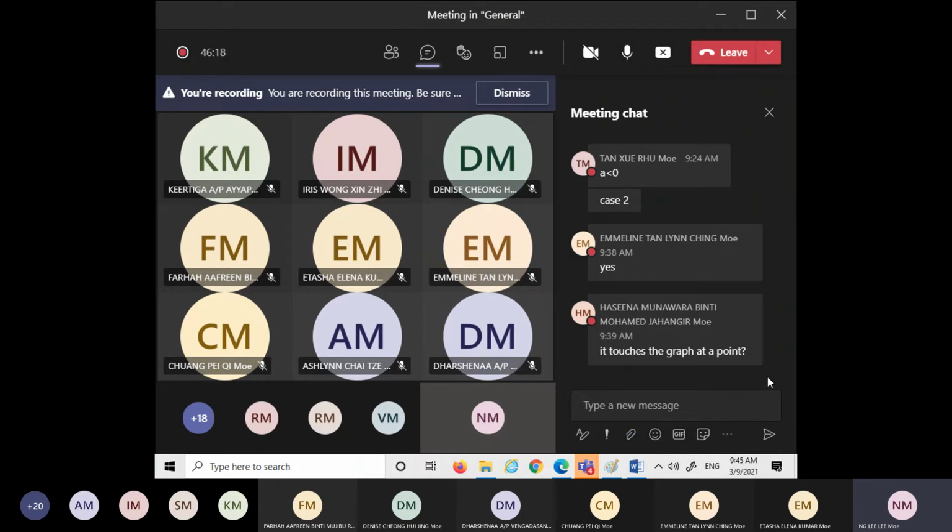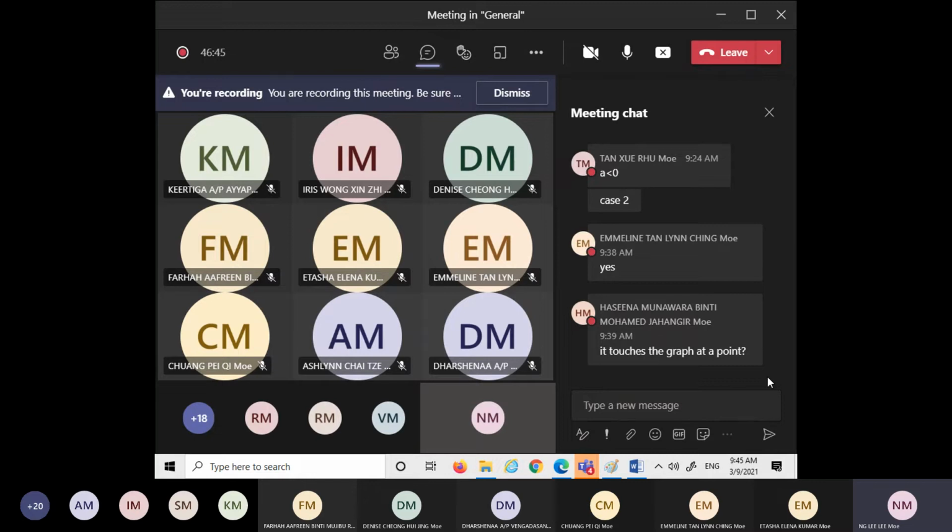Come on, anyone want to quickly get your 1 mark? I didn't ask you the question yet for today. What are the rules? Actually, they're asking about the discriminant. Which one?